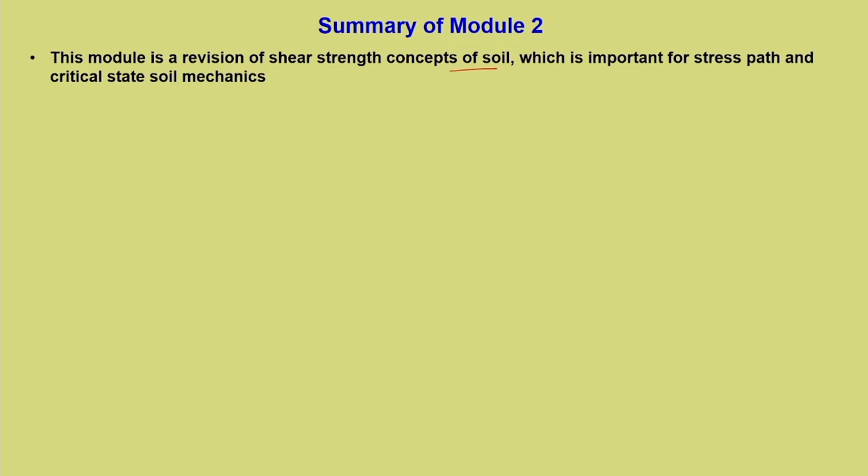Why I call it a revision is, for some participants of this course, these concepts may not have been very clear during their undergraduate. So we are just trying to bridge that gap so that certain concepts are clear, and the understanding of these concepts is very important to appreciate the stress path and the critical state modules which are going to subsequently come up.